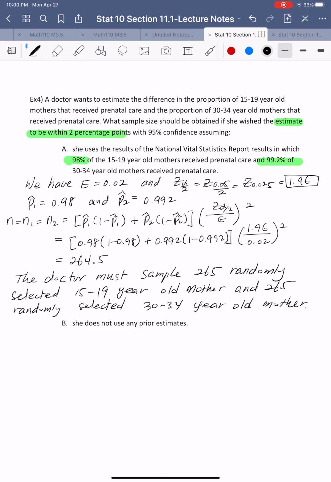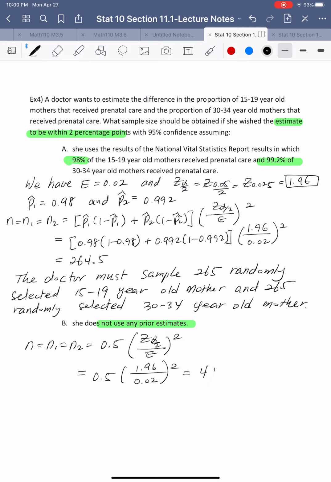Okay, what if they don't have any prior estimate? So the formula was n equal to n1 and n2, which is going to be 0.5 of z sub alpha over 2 over E, squared. So 0.5, and z sub alpha over 2 was 1.96 over 0.02 squared. It becomes 4,802, which is a lot bigger than what we have here, right?